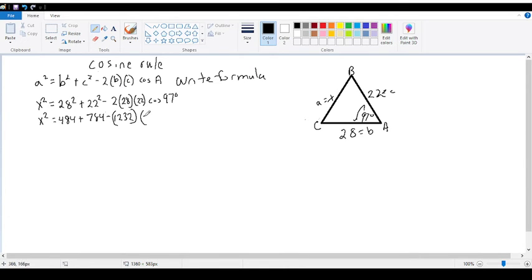For cosine of 97, I get negative 0.1218693. Don't worry about this negative.